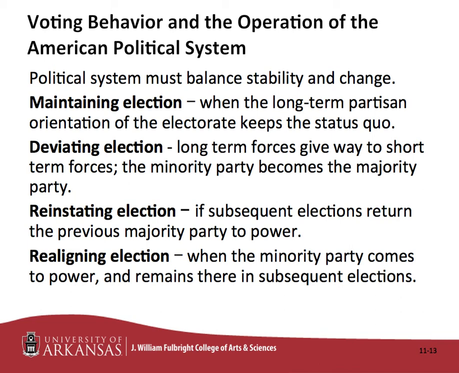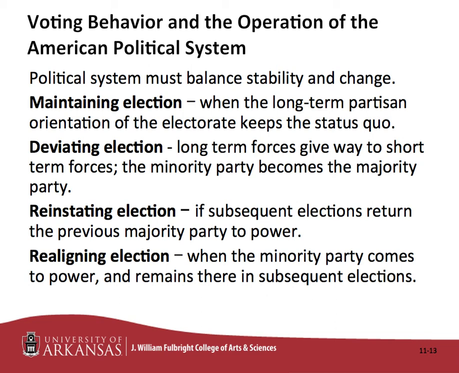Now, the first one is a maintaining election. And this is when the long-term partisan orientation of an electorate keeps the status quo. Now, a deviating election occurs when long-term forces give way to short-term forces, and the minority party becomes the majority party. The question is, what happens after this deviating election?